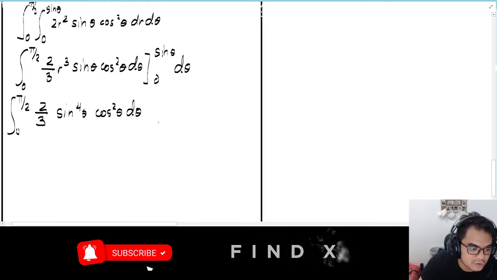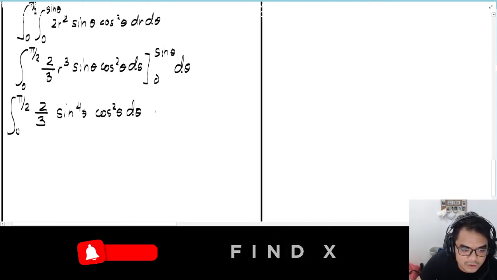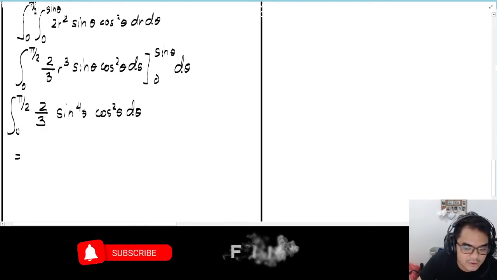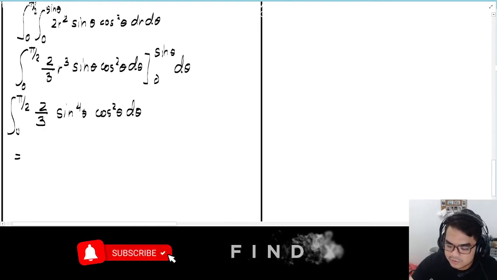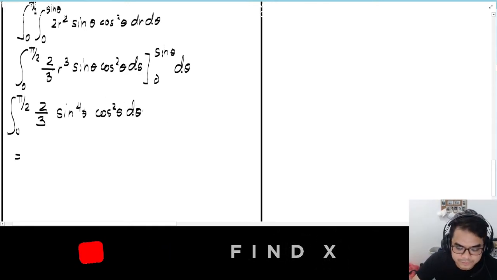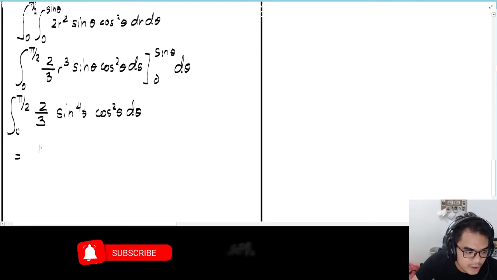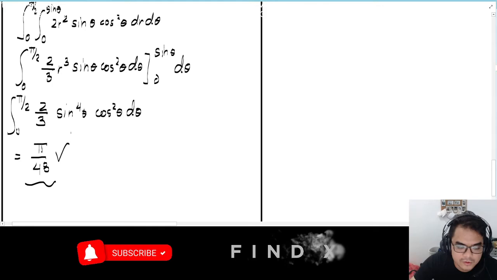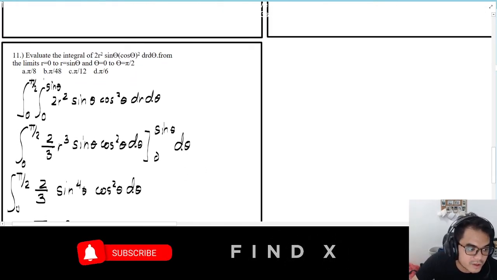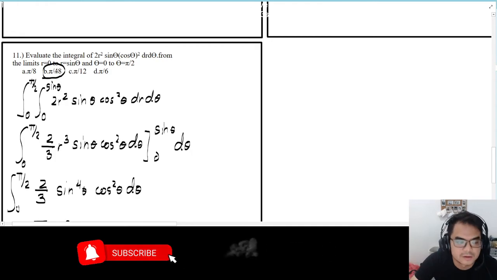At this point, you can already use your calculator to evaluate this to make it faster. When you evaluate this, don't forget to put your calculator into radian mode, and then you'll have pi over 48. This is your answer. You can either have this or the decimal equivalent. So the answer here is letter B.